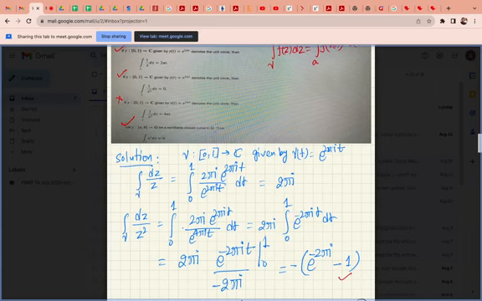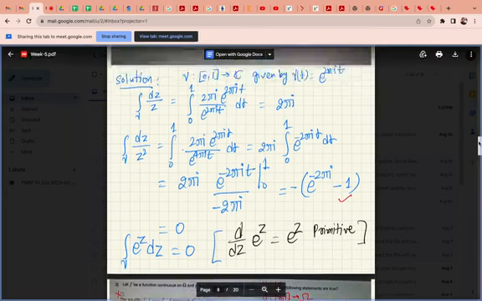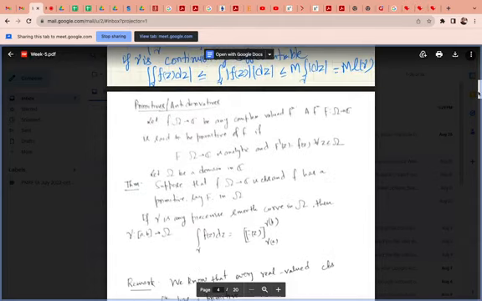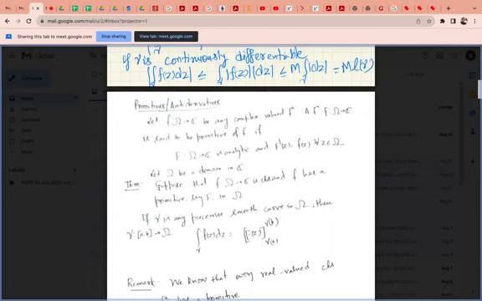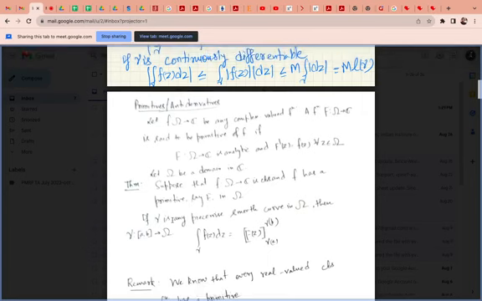Now the next thing is, if gamma is a rectifiable closed curve in omega, then the integral over gamma of e to the power z dz is equal to 0. Here one thing I need to mention is the fundamental theorem of calculus, first version. Suppose that f from omega to C is continuous and f has a primitive F. If gamma is any piecewise smooth curve, then the integral of f over gamma depends upon the endpoints: it is F of gamma of b minus F of gamma of a.